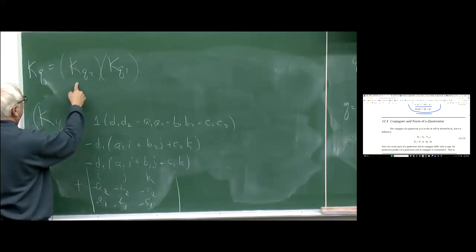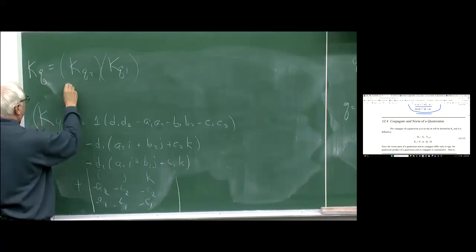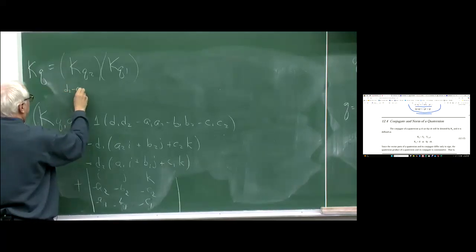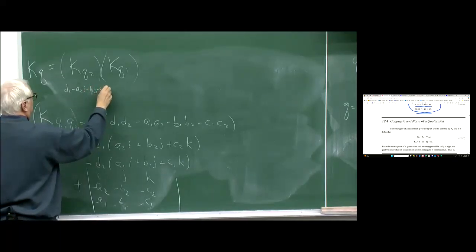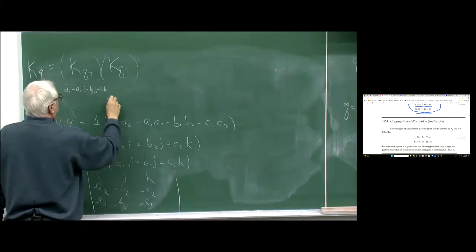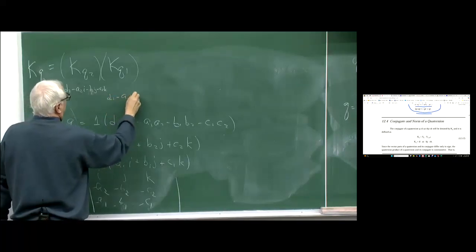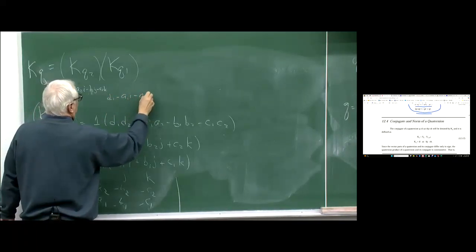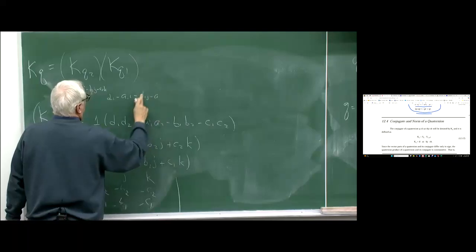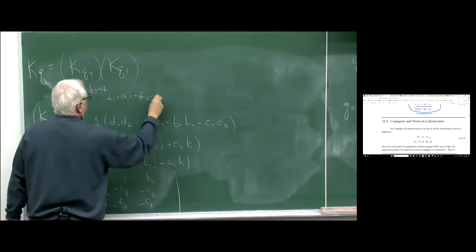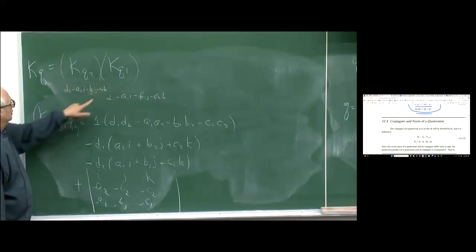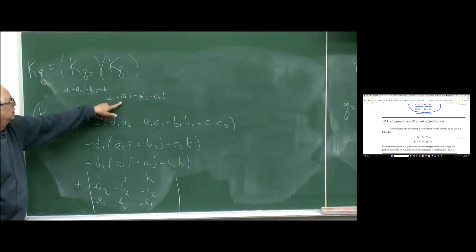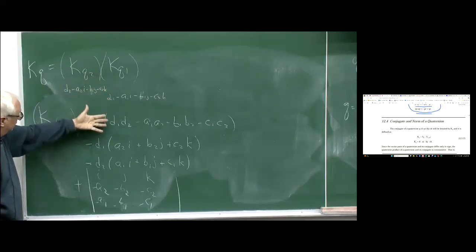Okay, well, this conjugate, I've got to be careful, is D2 minus A2 I minus B2 J minus C2 K. And this one was D1 minus A1 I minus B1 J minus C1 K. If I take these conjugates and do that product, I should get this.